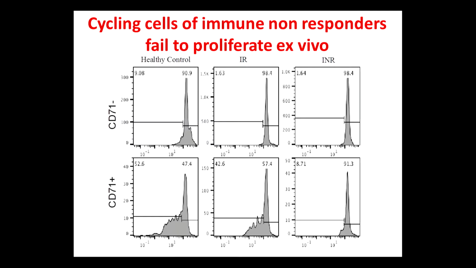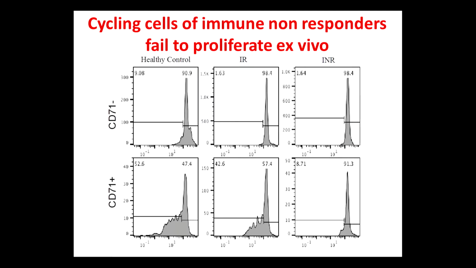Not surprisingly, among the CD71 negative cells of each population, controls, immune responders, and immune non-responders, after 1 week in culture, there's really no dilution of dye. All these cells have as much CFSE as they started.